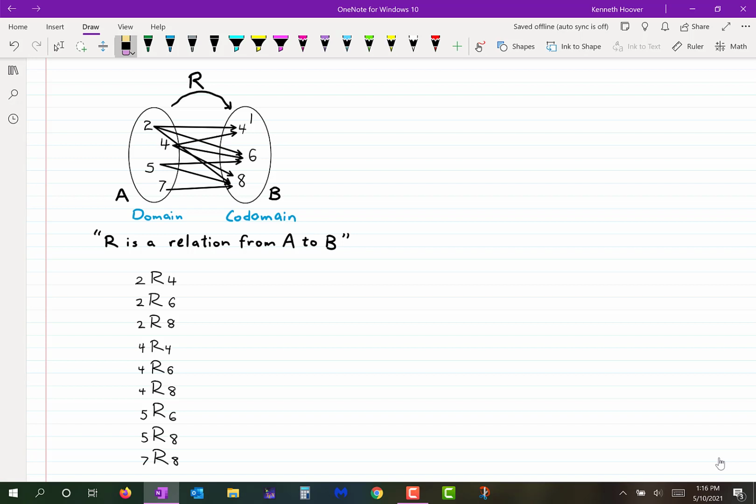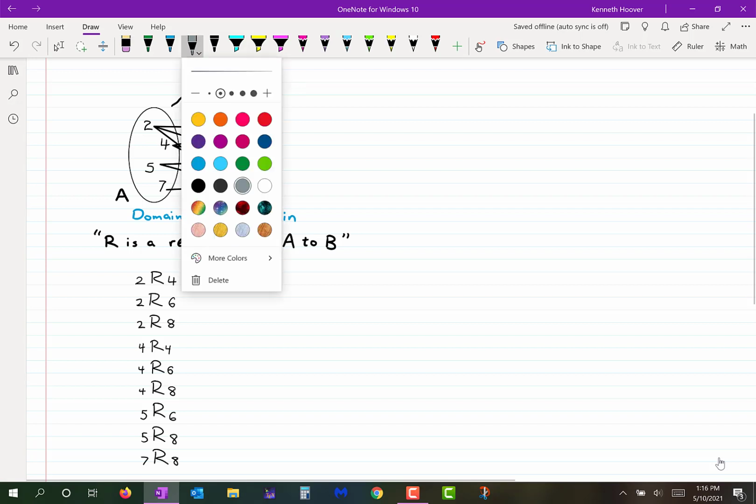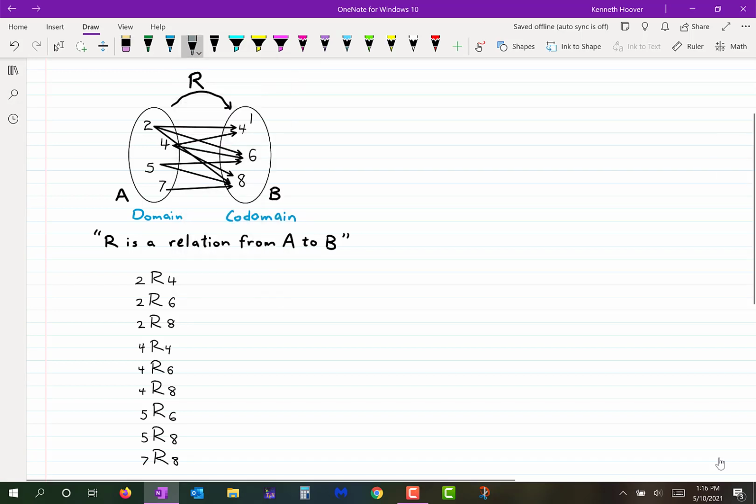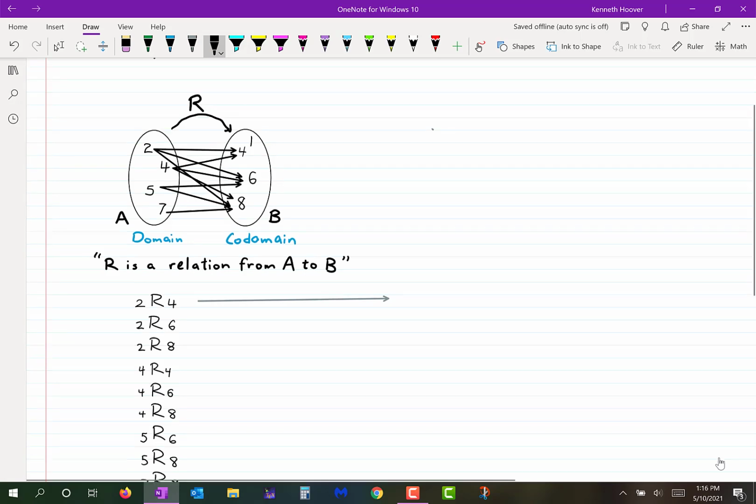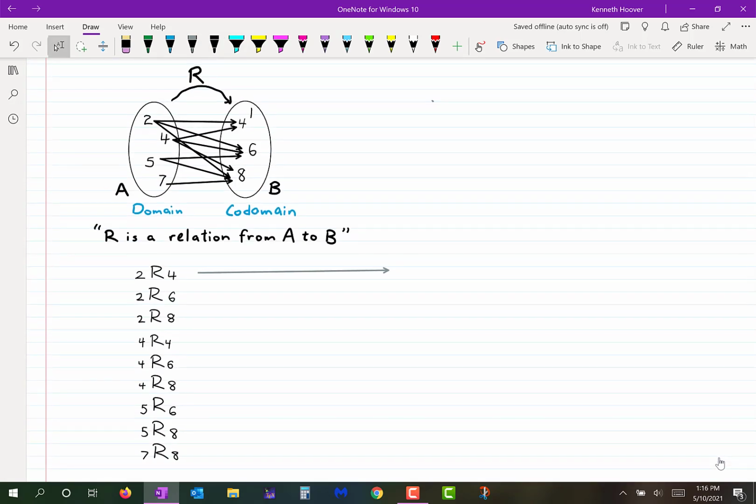And you see, I can take this 2 is related to 4, and I can rewrite that by just writing the ordered pair 2, 4.